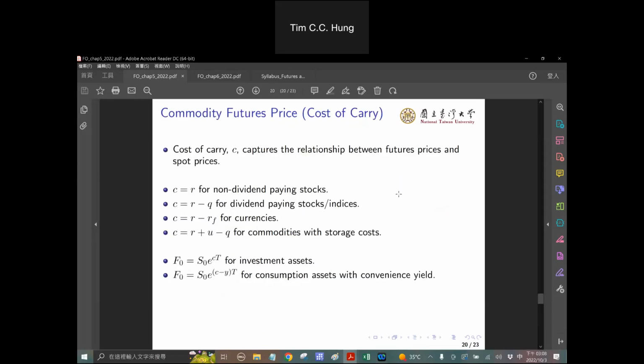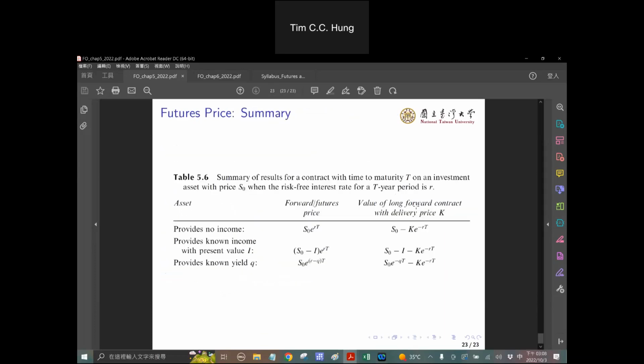Okay, so that's pretty much this chapter. It's a relatively short chapter. There are just quite a lot of variations.